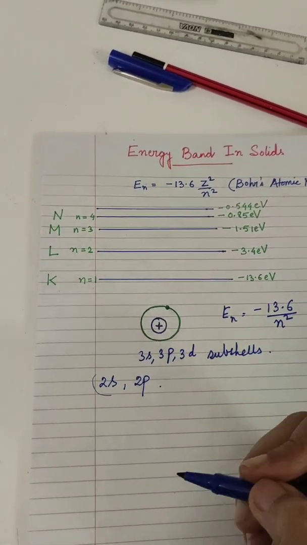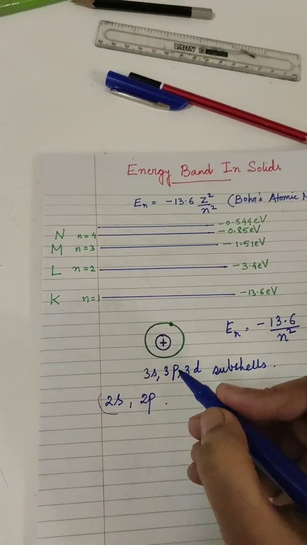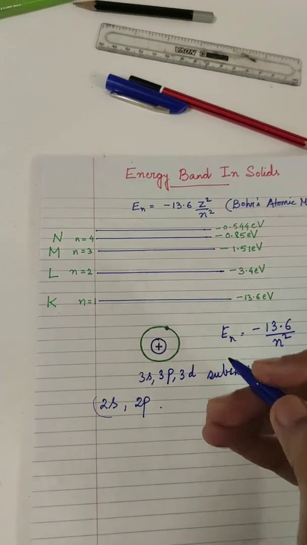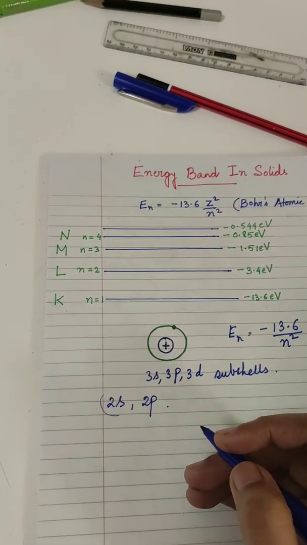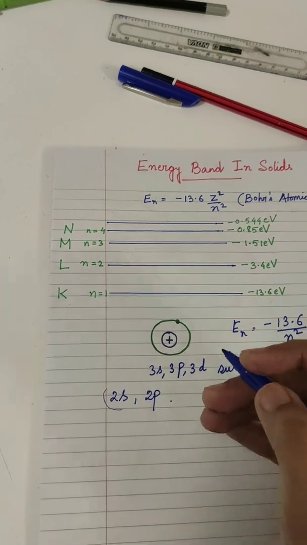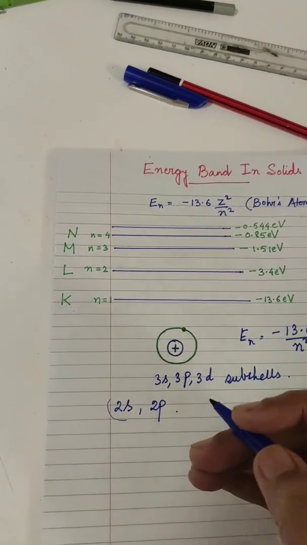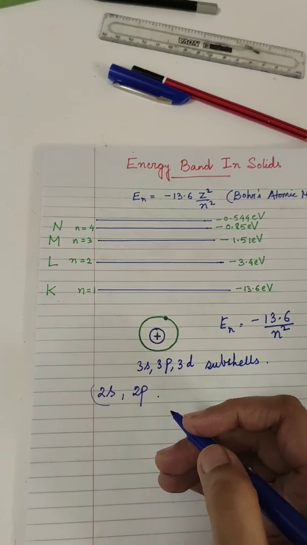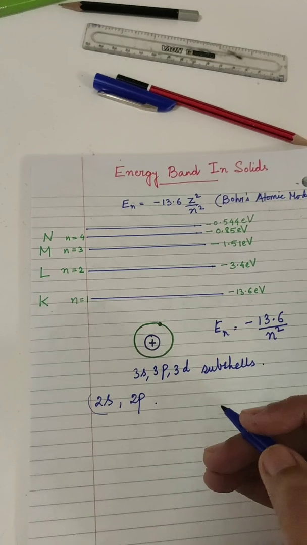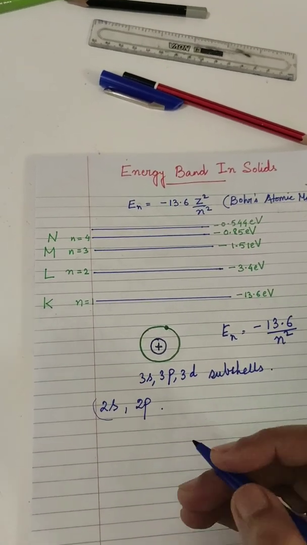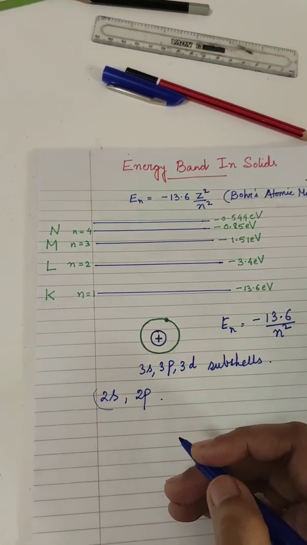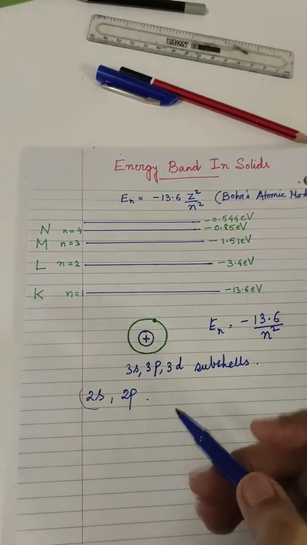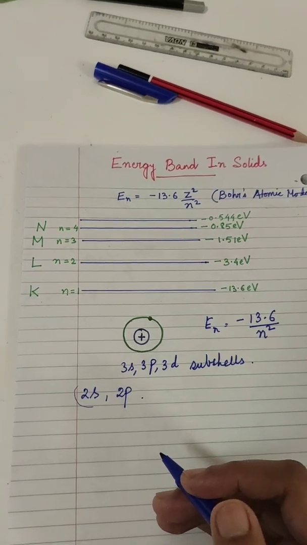If the electron is closer to the nucleus, it undergoes an electrostatic force of attraction. Whenever forces are attractive, potential energy decreases. So the 2s subshell, since it is closer to the nucleus, will have lesser energy than the 2p subshell, though they are in the second orbit, n equal to 2. That is different in many electron atoms.